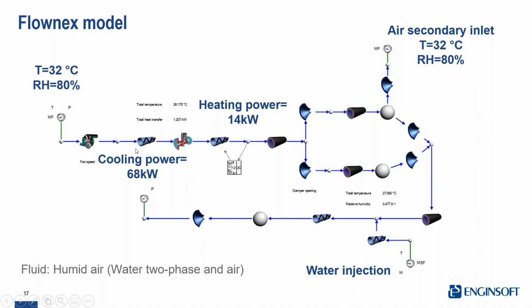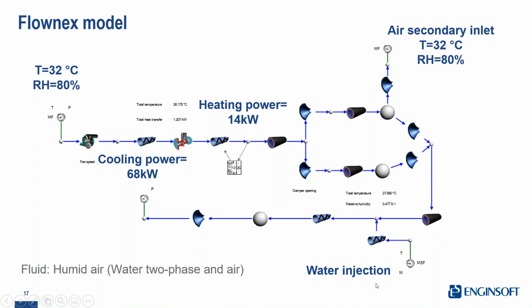This is the part relating to the condensation, and a total cooling power that is, in this example, fixed to 68 kilowatts, and then you are able to start the condensation phenomena, and then you have a heating power of 40 kilowatts that is in a control loop, to be sure to reach the desired temperature in the part of the offices and rooms.